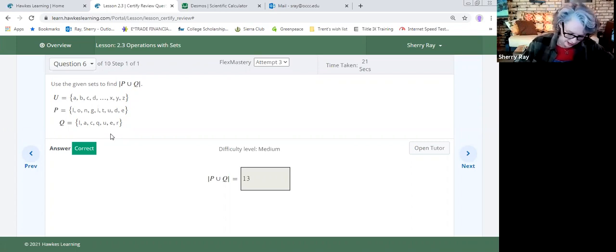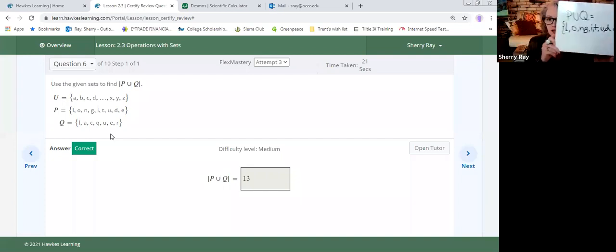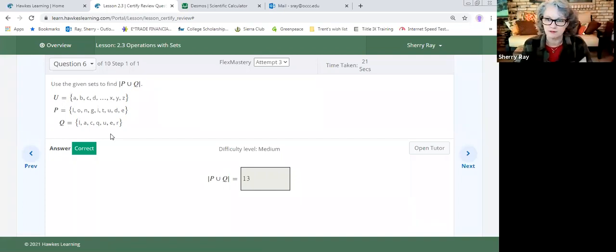So in P, I have L, O, N, G, I, T, U, D, and E. This is what I have so far in P. And then for Q, I have L, which I already wrote down, A, C, Q, U, I already have U written down, E, and R. So 1, 2, 3, 4, 5, 6, 7, 8, 9, 10, 11, 12, 13.